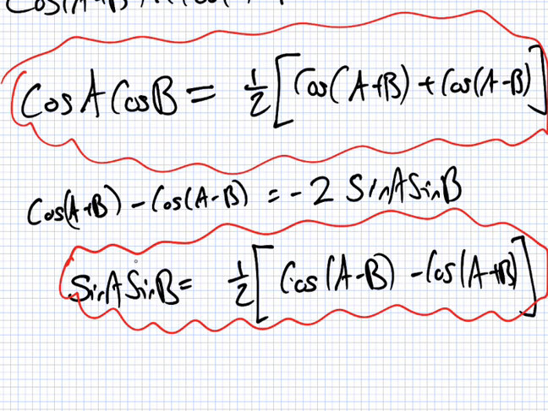Okay, so I'll do a few types of problems now. Mostly we want to go from the left to the right, although sometimes we do actually want to go from the right to the left. Let's have a look at some examples.